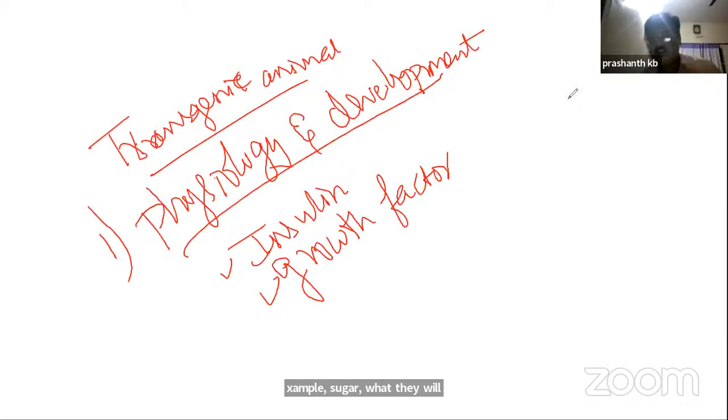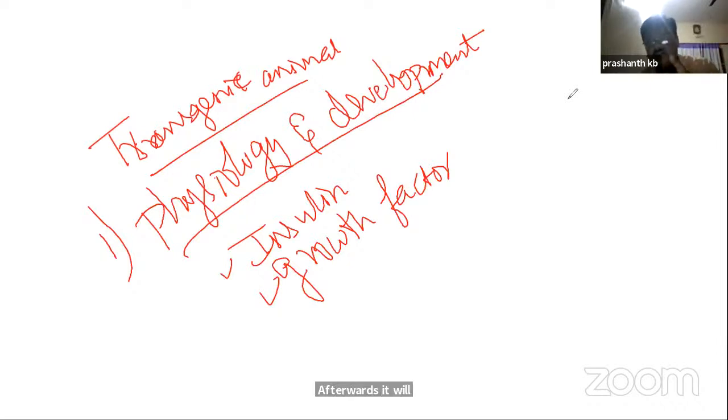They will inject sugar into the blood of the rabbit. Once they inject, insulin is produced by the rabbit. Again, they will inject some more glucose into the blood. The rabbit has a sufficient amount to produce insulin, but afterwards it will not produce. Now, you have given insulin, so they will inject it into the rabbit.